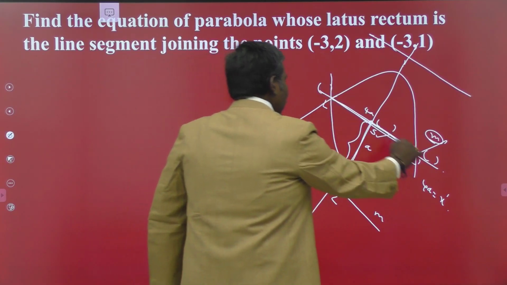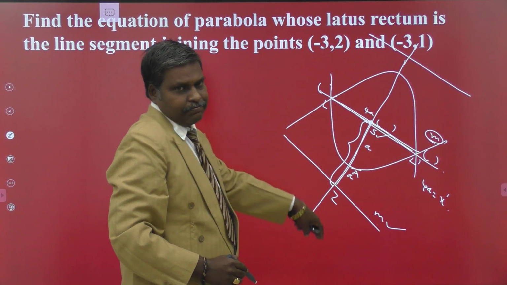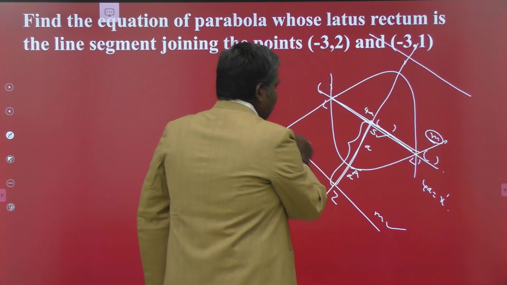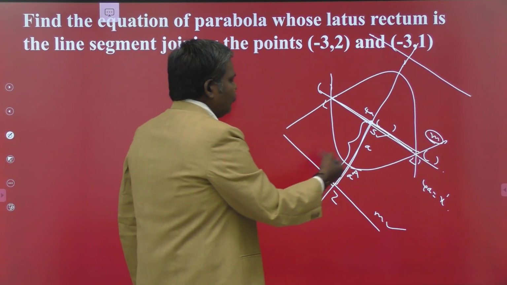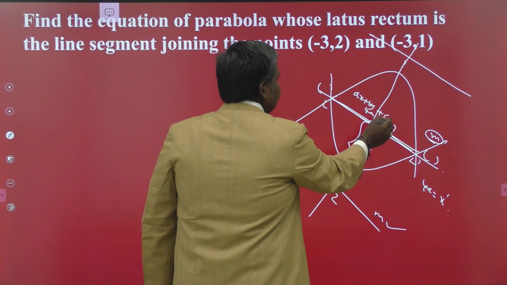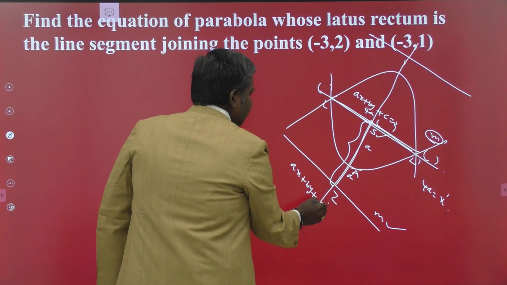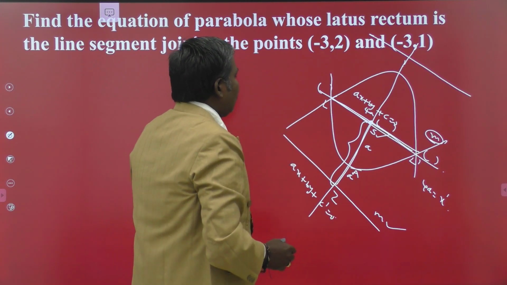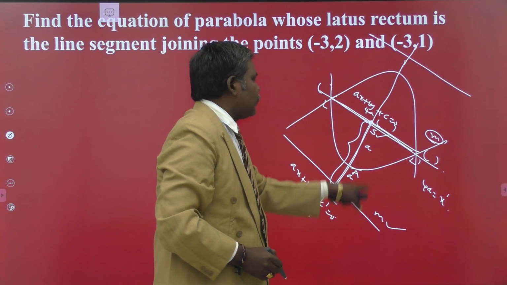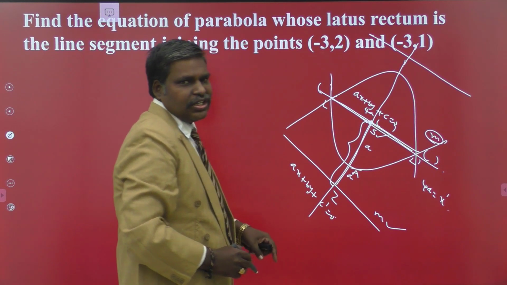So you have the slope of the directrix, and you can write its equation in the parallel form: ax plus by plus c dash is equal to 0. Moreover, the distance from the focus to the directrix is 2a. You know the focus, you know the line equation, but you don't know the constant c dash.